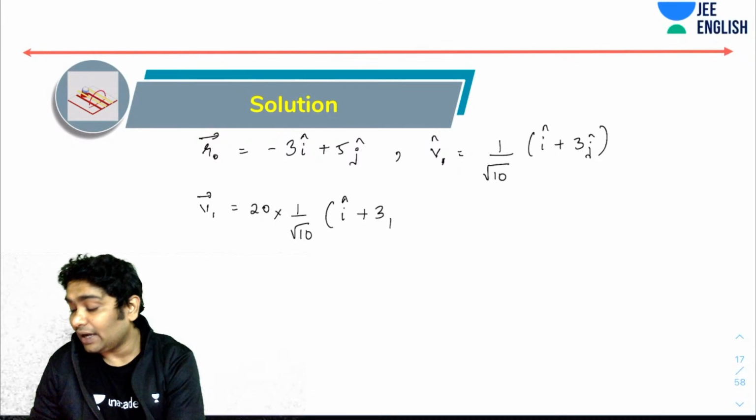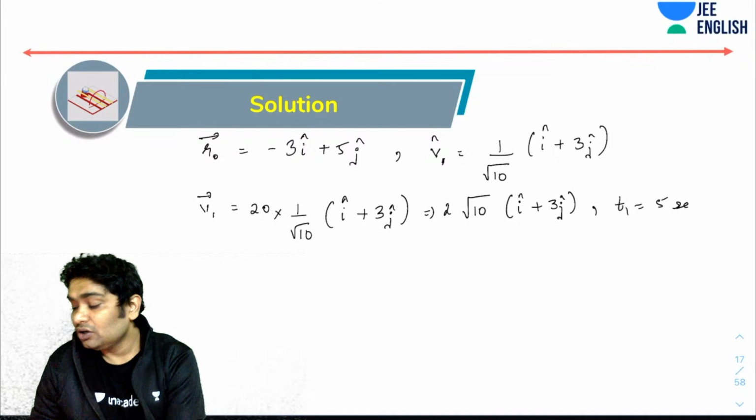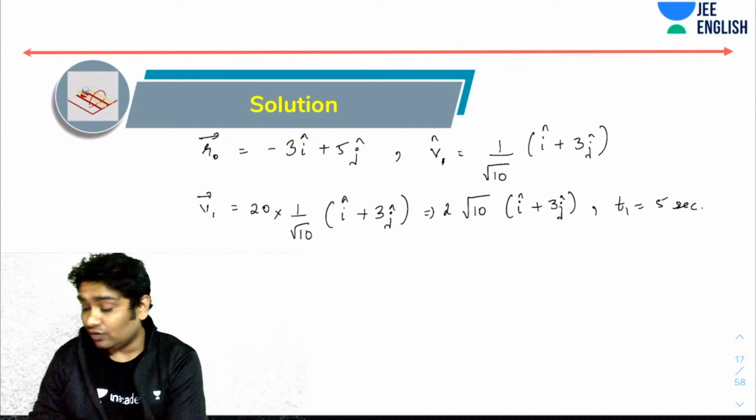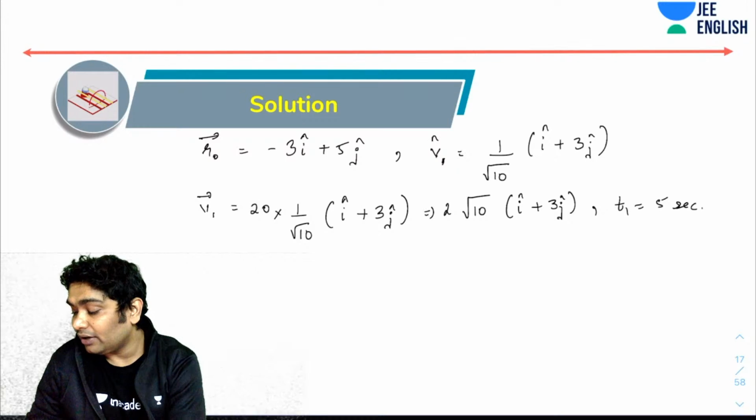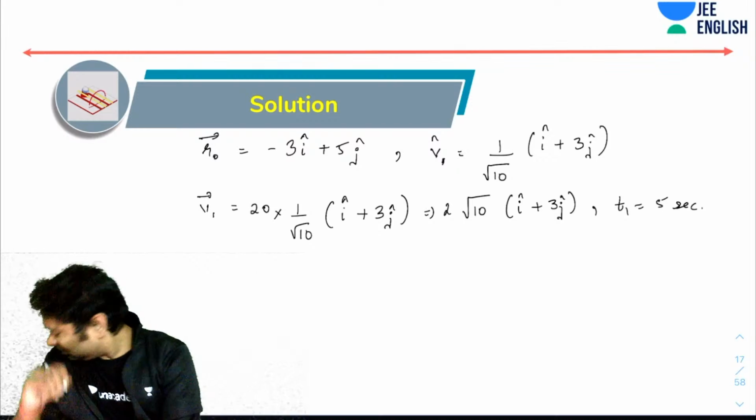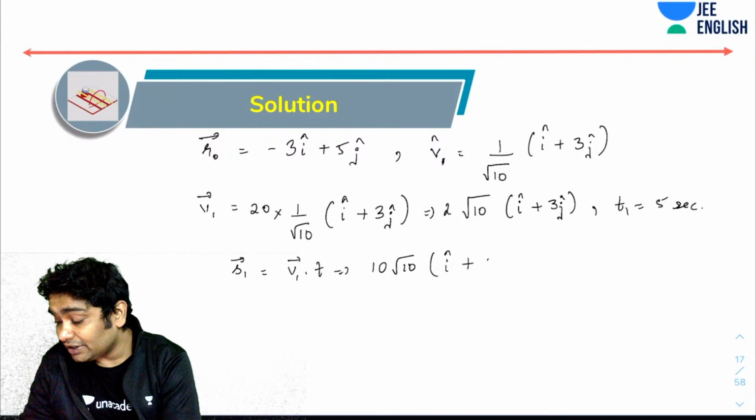You also know the time for which this person moved: t1 was 5 seconds. So the displacement during this time interval, S1 vector, would be v1 vector times t, that is 10 root 10 times (i cap + 3 j cap).